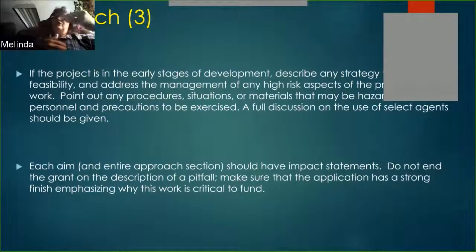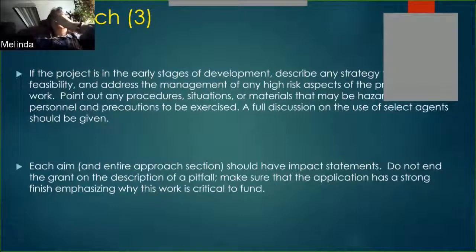Again, reviewers are distracted between the teaching, seeing the patient in clinic, the crying baby, whatever is distracting them. You want to make sure they don't lose the thread of why they should care, because high scores on grants are because the reviewer got excited about the potential of the project, and you want to be telling them why they should be so excited.